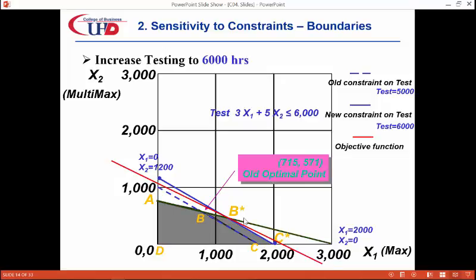Now, B star is the new optimal solution when testing capacity increases to 6,000 hours and assembly capacity remains 3,000 hours. You can solve the corresponding numerical solution by working on these two constraint equations together. Still, you can see both resources are binding.